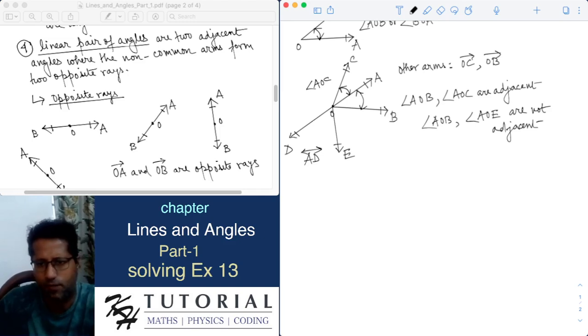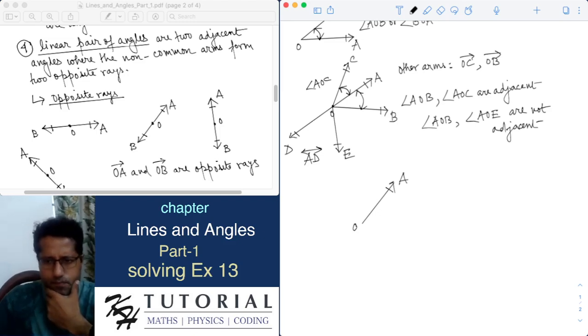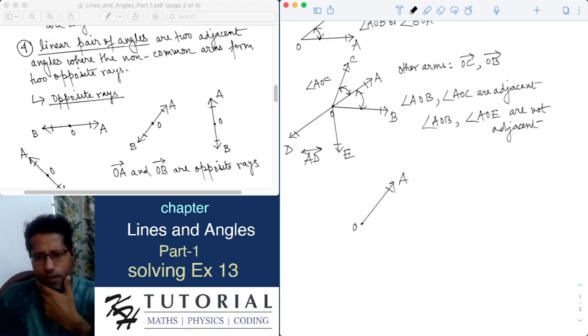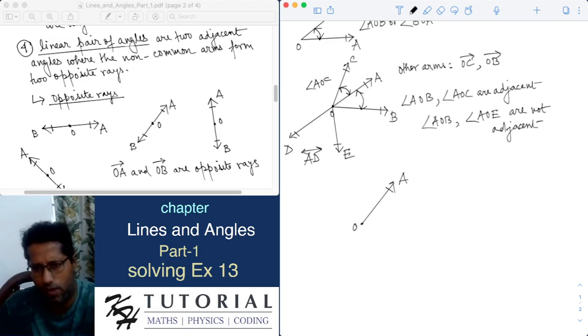So let's say we have two opposite rays. The linear pair of angles are two adjacent angles where the non-common arms form two opposite rays. Let's say the common arm is the ray OA, and obviously both angles will have a common point O. Now how can we form a linear pair of angles with OA as the common arm and O as the common point?